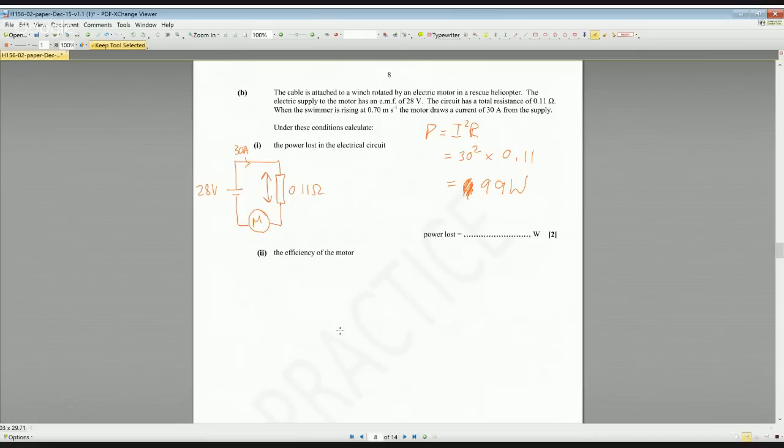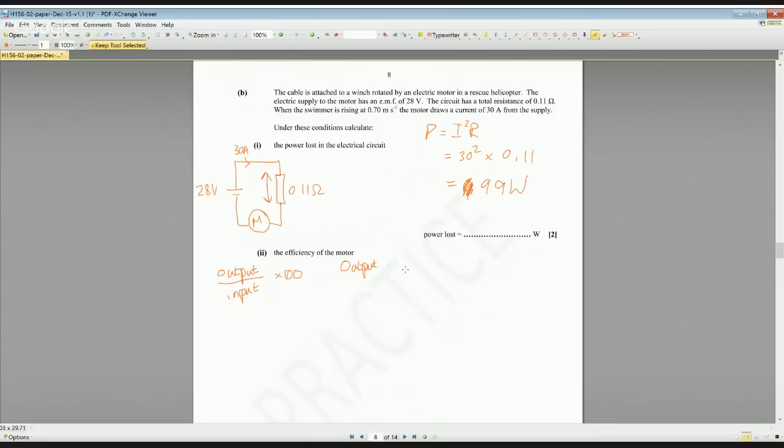Part 2 wants us to find the efficiency of the motor. So remember, for efficiency, you calculate that by doing output divided by input. And if you want a percentage, you times it by 100. So the output here, what you're getting out of the motor, is mechanical power.